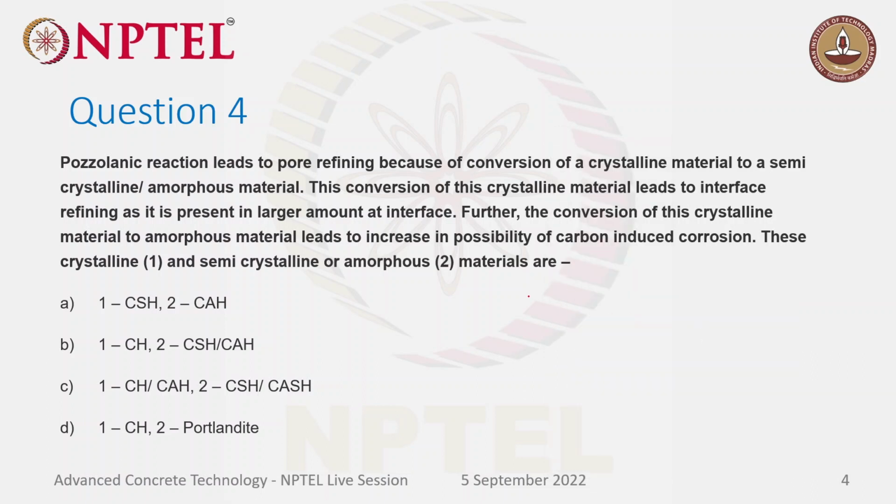As I said, initially there will be CSH, and this is the primary reaction product. Then there will be Portlandite, I'll write it as CH, and next are the AFT and AFM phases. Let me write it as AFT and then AFM.